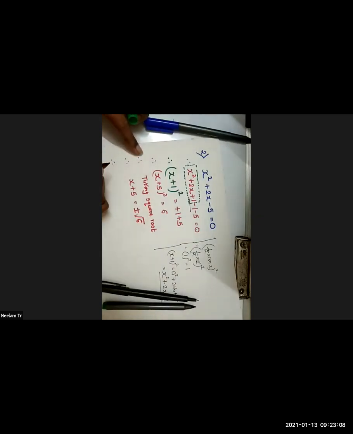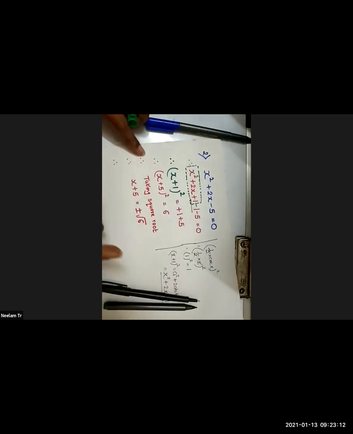Okay, plus and minus root 6. So you will get two values of x, means two roots of x. That is obvious, because in standard quadratic equation, the index power will always be 2. That's why we are getting these two roots.